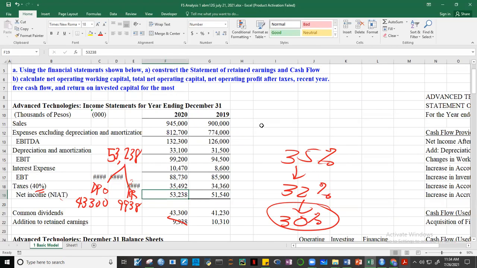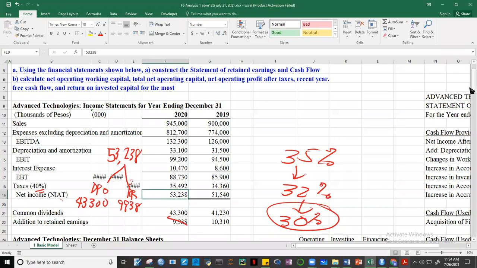Subtract. Okay? So we will have to i-reverse natin yon. Anong gagawin natin sa depreciation? Kung sinubtract natin, dapat anong gagawin natin? Yeah, add back natin. Thank you, Jillian. Thank you for your answers. Correct, no? Add back natin.